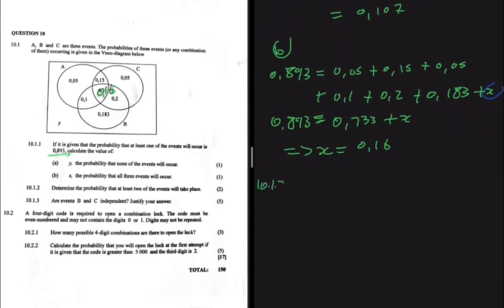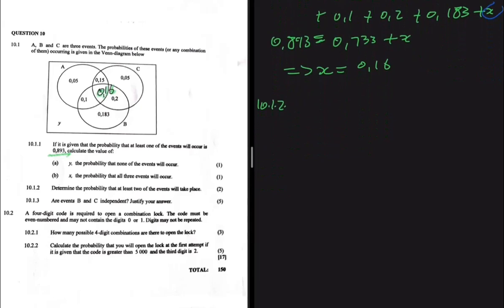10.1.2 is saying let's determine the probability that at least 2 of the events will take place. So we need a formula for that.